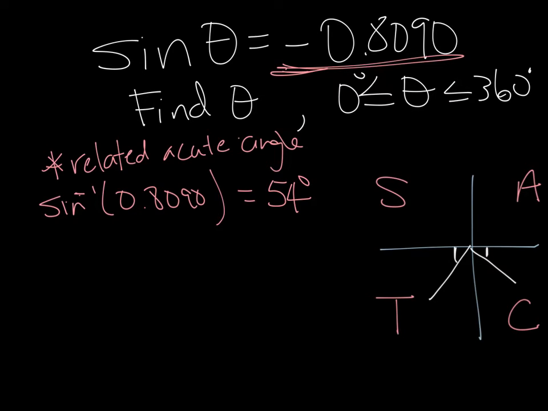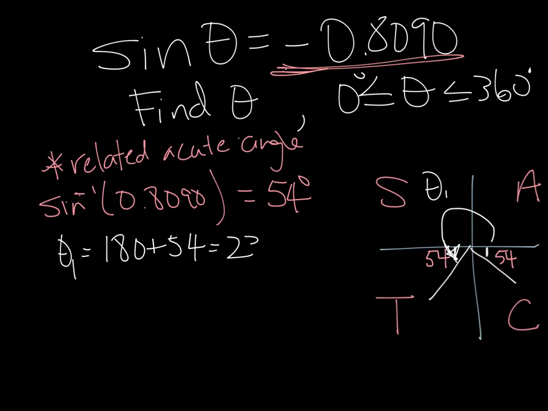I'm going to come back to my diagram here, and that means that this angle is 54 and this little angle is 54. So if I want to find theta 1, which would be from 0 over to this first angle, theta 1 is 180 plus the 54 extra that I did here. So 234 degrees.